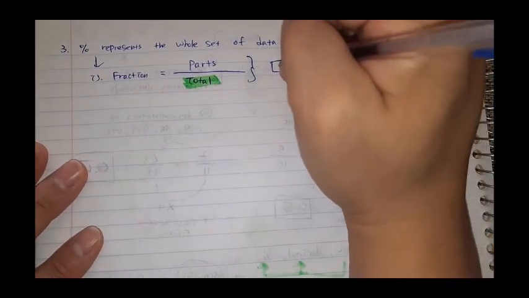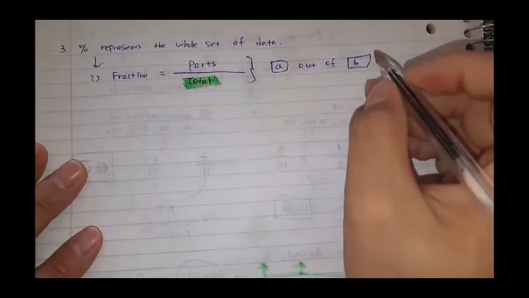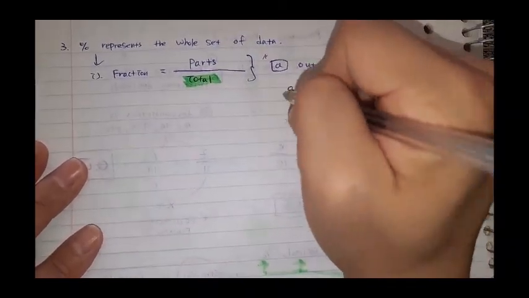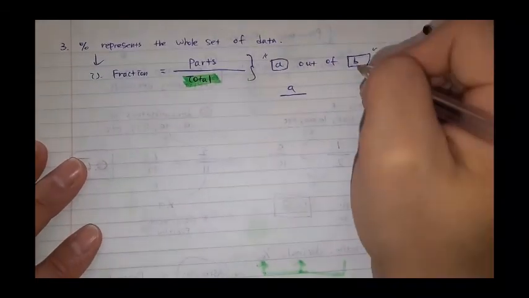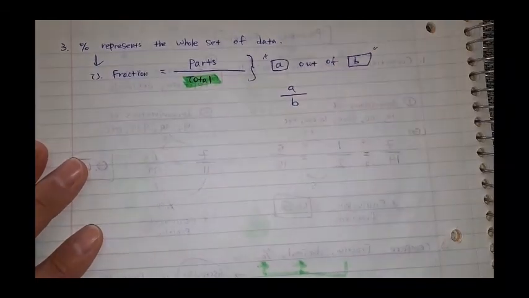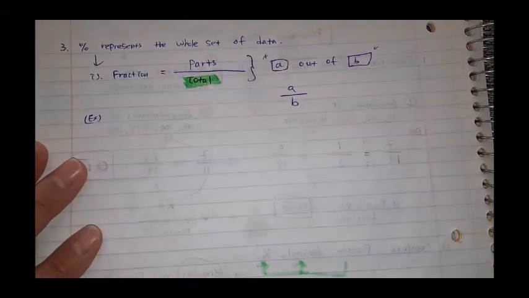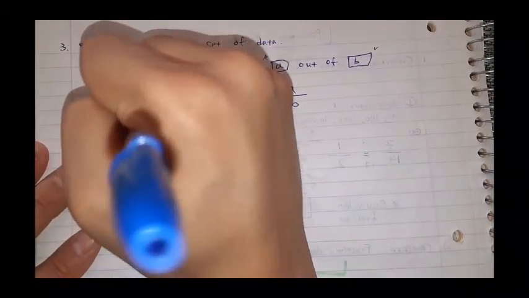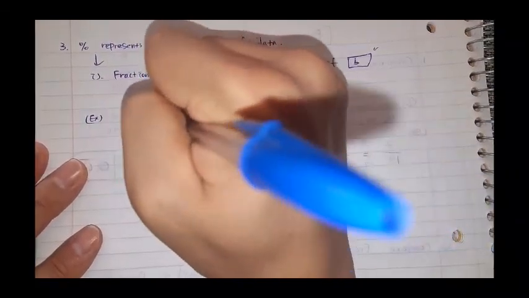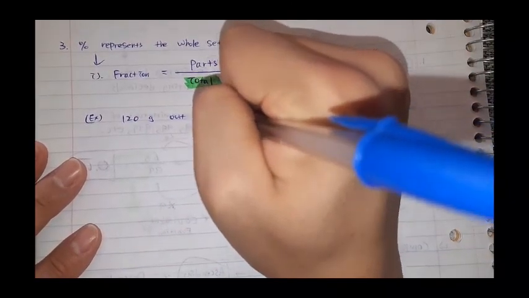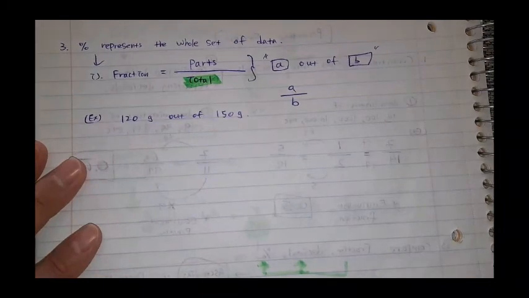Then let's say this is A and this is B. In English order, if you have something out of something, that means the first one represents the part, followed by the total. So you have to make it like that. For example, if you have 120 grams out of 150 grams, something like that.